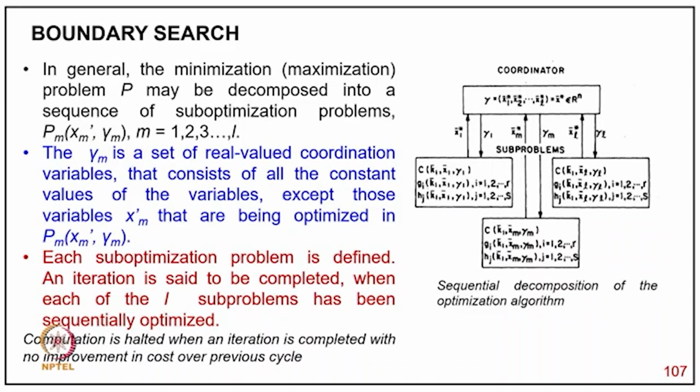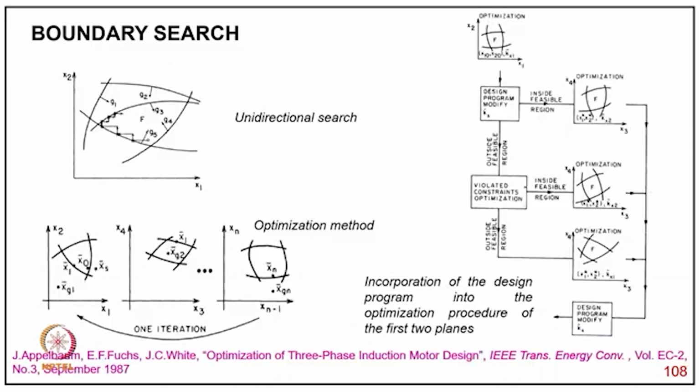Each sub-optimization problem is defined, and an iteration is said to be completed when each of the sub-problems has been sequentially optimized. Computation is halted when the iteration is completed or no improvement in the cost or objective function is seen over the previous cycle. And a typical example here shows how the unidirectional approach goes, how the iterative optimization process proceeds, and how the incorporation of design into the optimization works.